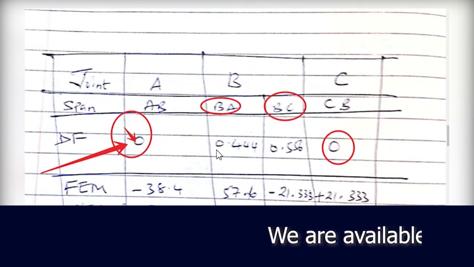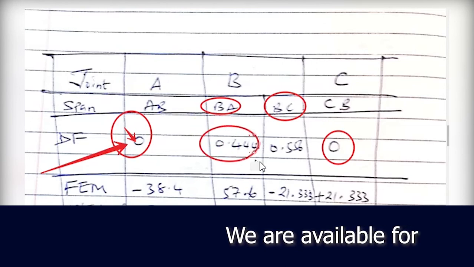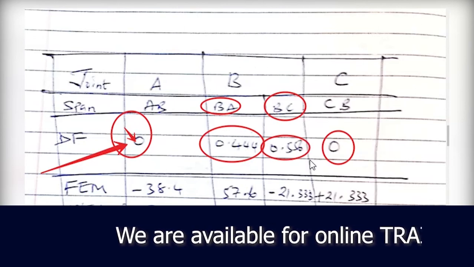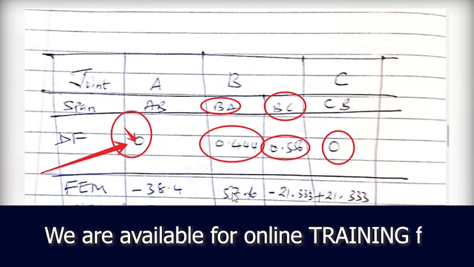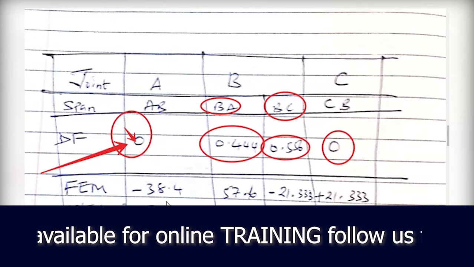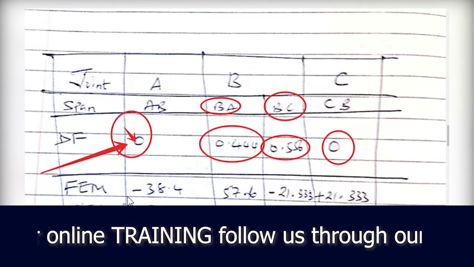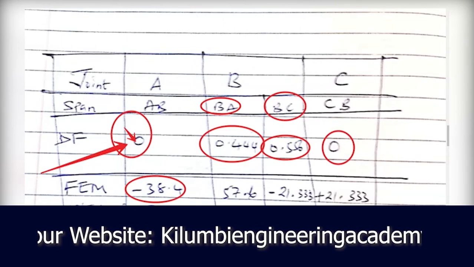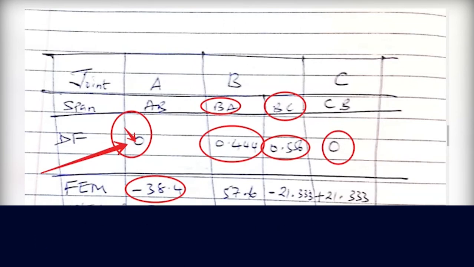As we calculated the value of K, we got 0.44 for the left and 0.556 for the right. Now, the fixed end moment, as we calculated for the left, we got the moment between AB, which is negative 38.4, and once we calculated for the right, we got this one. This is the moment between BA.